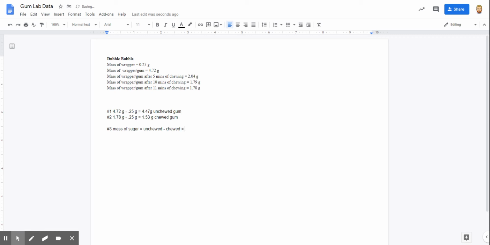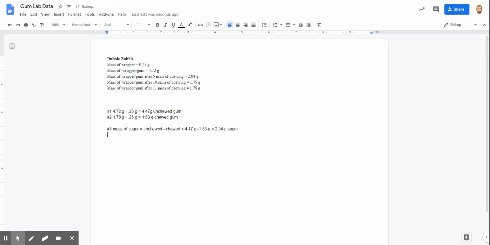Our work for that should be 4.47 grams minus 1.53 grams, and that should give you a nice total of 2.94 grams, and that is of sugar. That's part of the calculation.